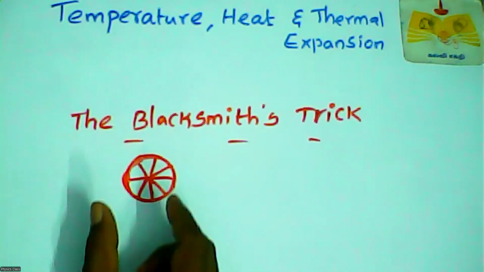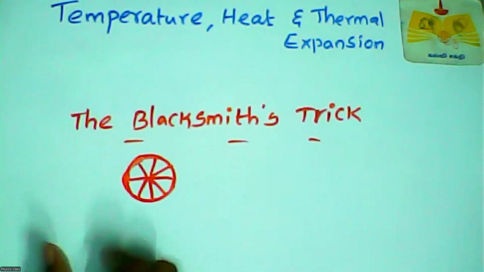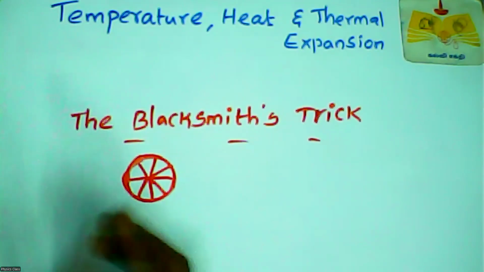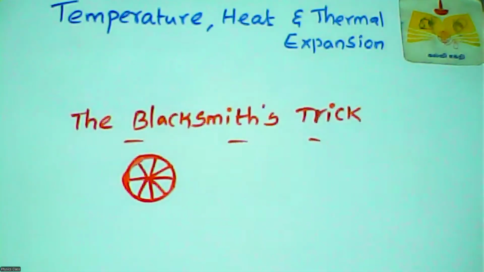The iron contracts and grips the wooden wheel so tightly that it never comes off. This is the blacksmith trick. Today we are going to learn the science behind this magic, which is actually thermal expansion.